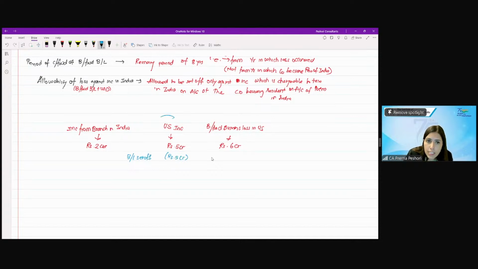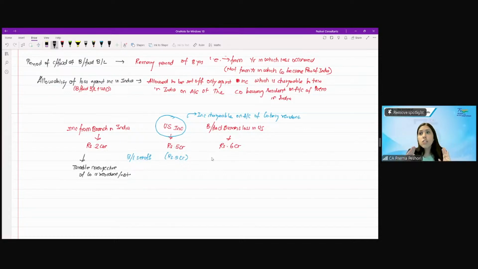Right? Because this is the income chargeable on account of the company being resident. This was the income which was taxable irrespective of the company being resident or not. Isn't it? So this 2 crores was any which way taxable because this income was accruing or arising in India.